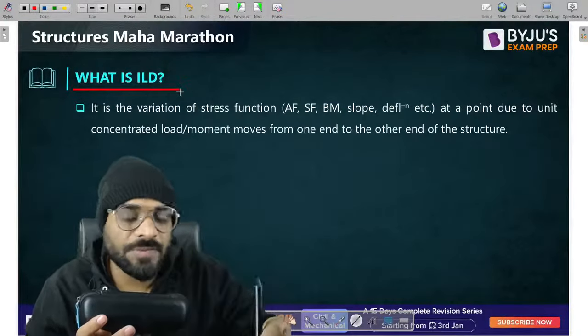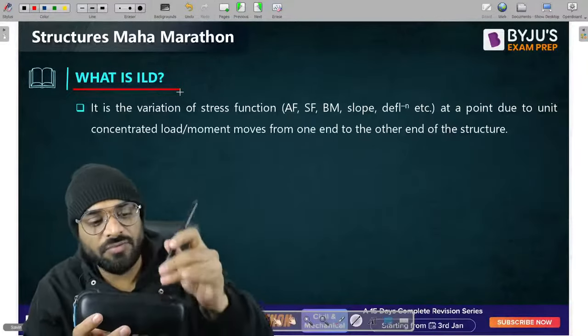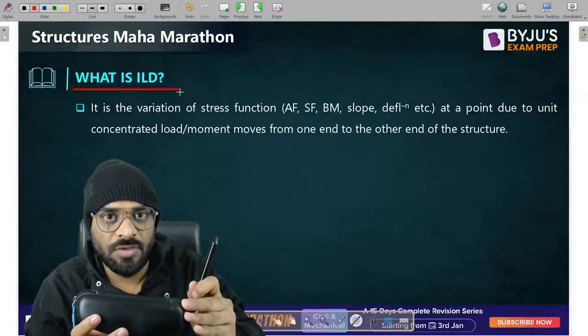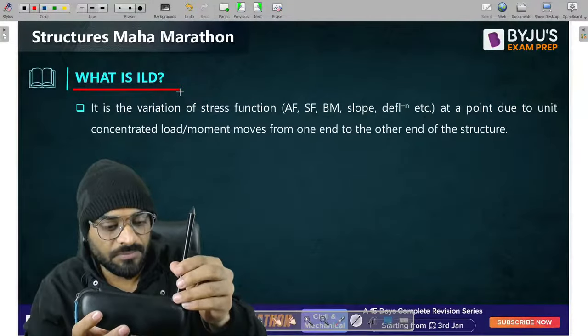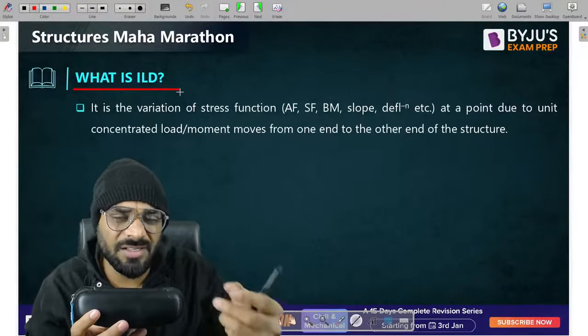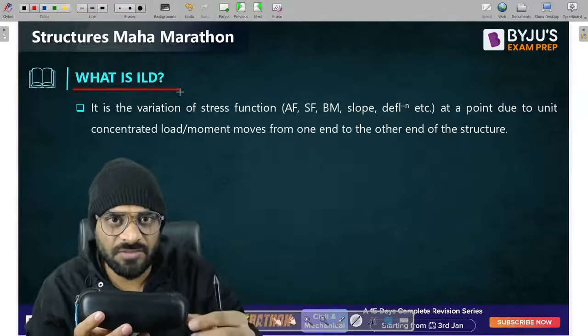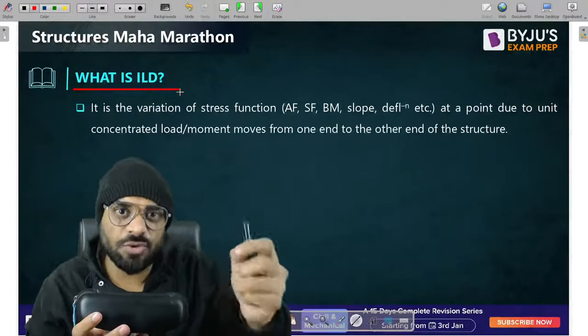Now if the load is moving from one point to another point, what should be the variation? Listen carefully. What should be the variation of vertical reactions, horizontal reaction, internal reaction, slope and deflection? That is to be known as ILD.